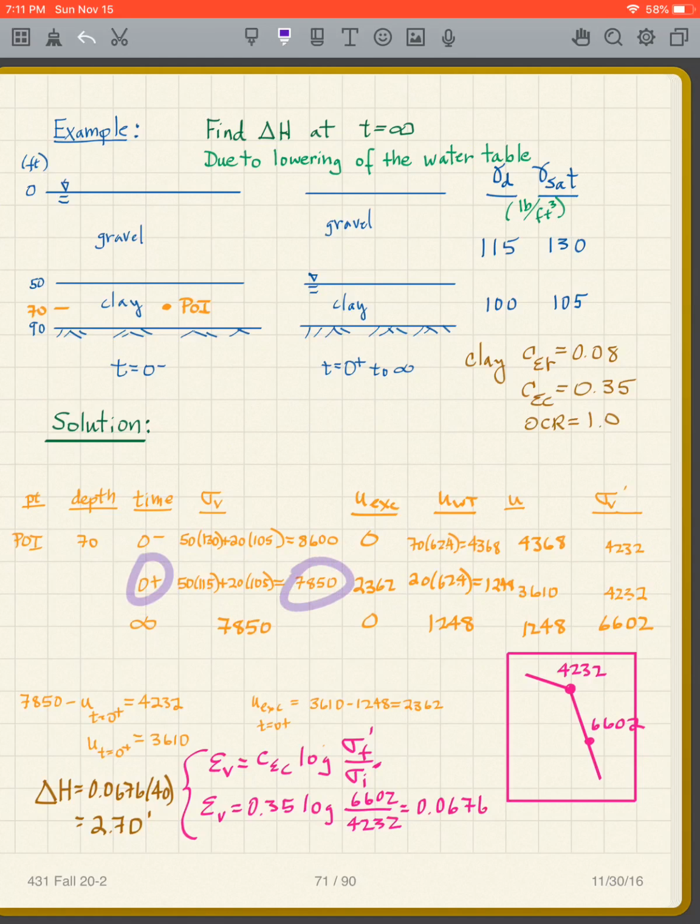I now have this number. And what does that tell me about the u? Well, I get the u from what? I know that sigma v minus u is equal to that.